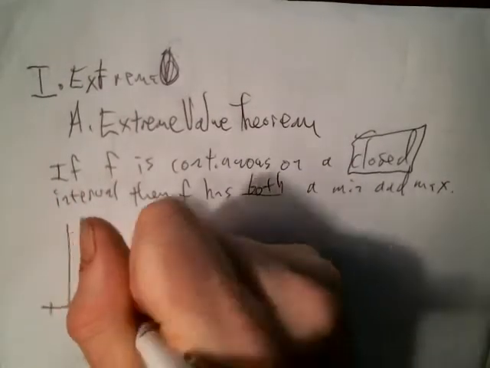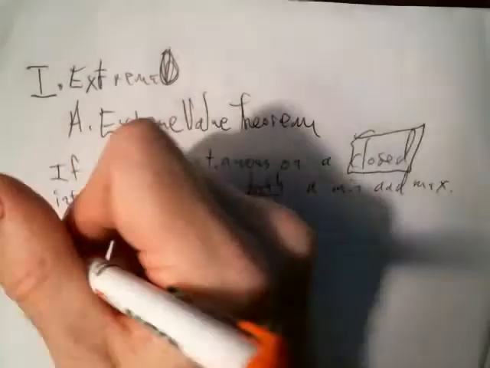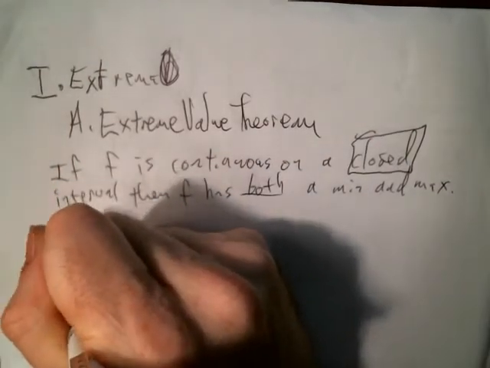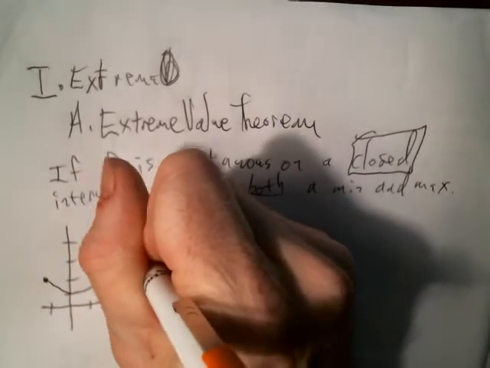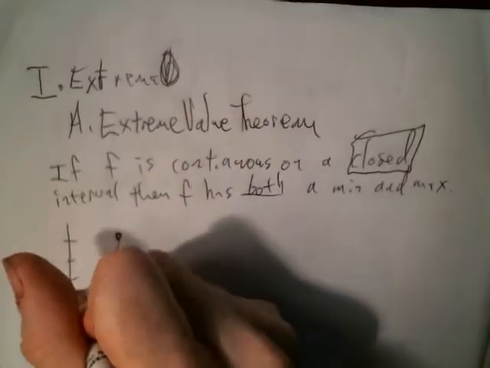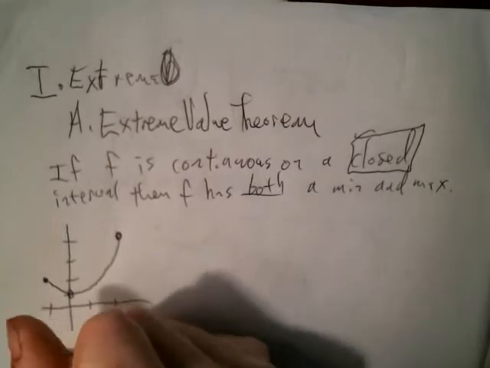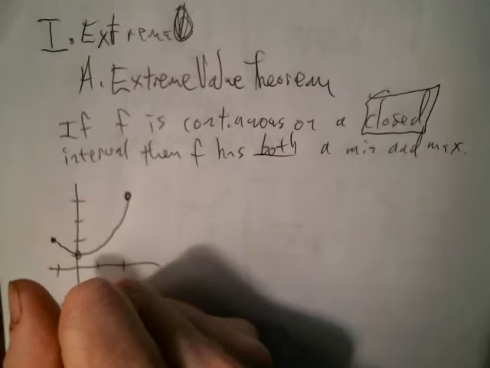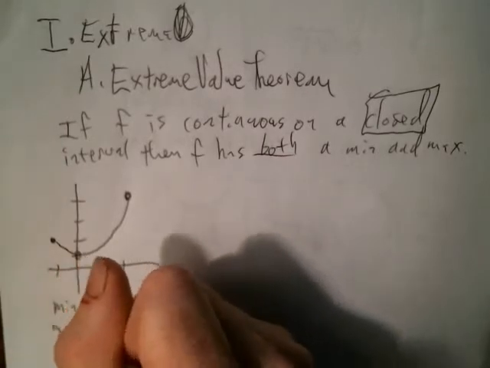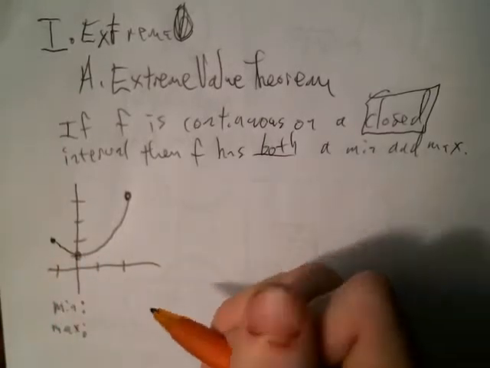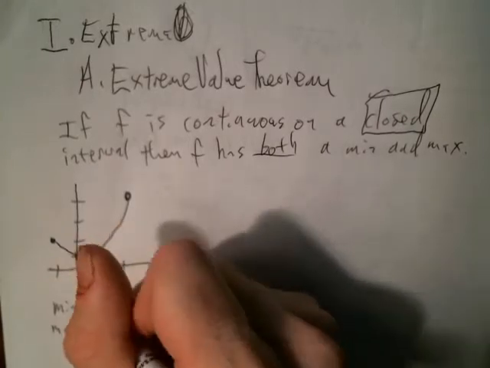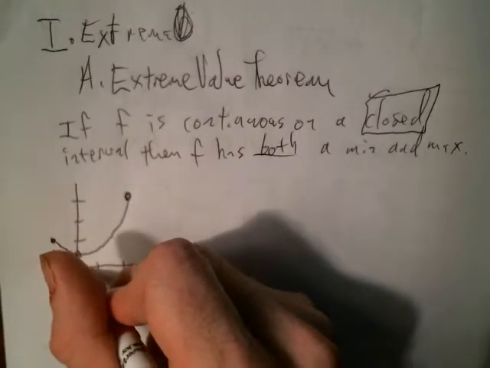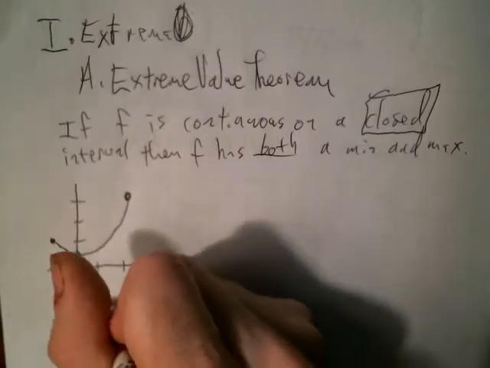Let's take a look at an example. This is the first example where the function is continuous, and you see it has both a min and a max. It's a continuous function on a closed interval. Its min value occurs at the point 0, and the actual value of the min is 1.